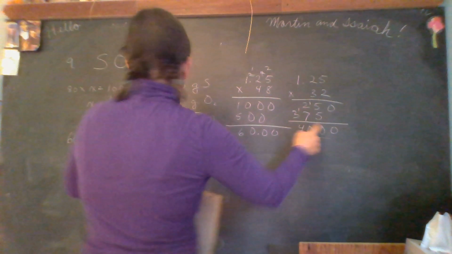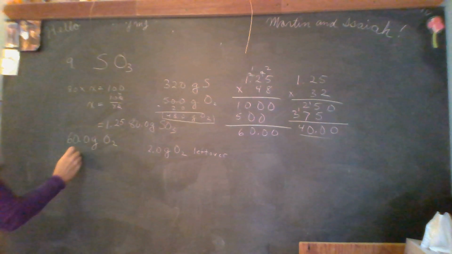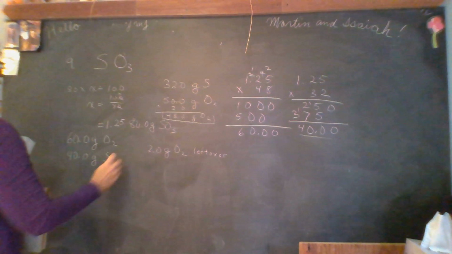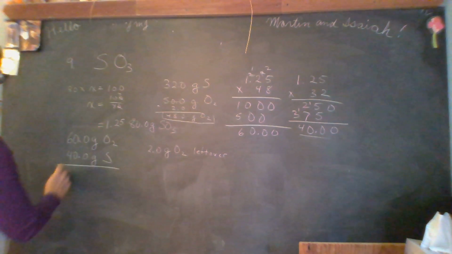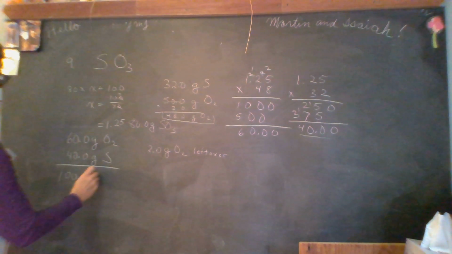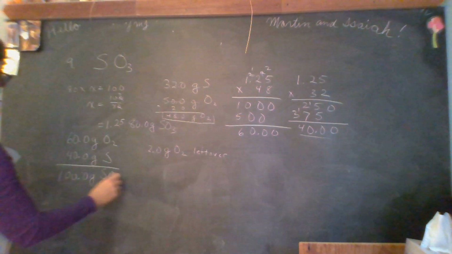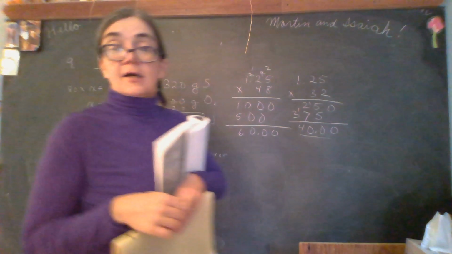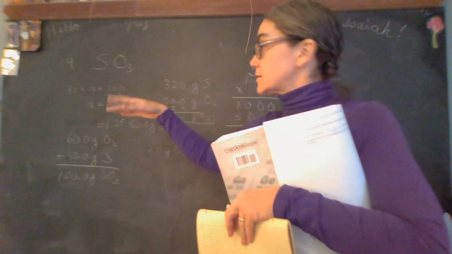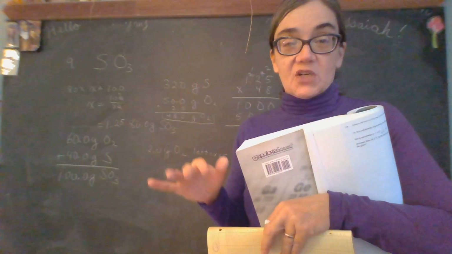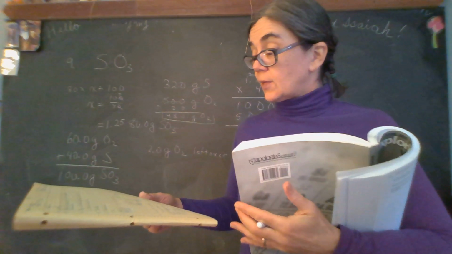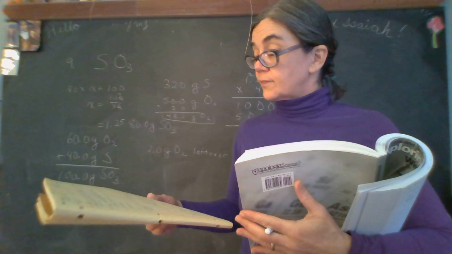So we want 3 here. So 40.0 grams of sulfur will make 100 grams of sulfur trioxide. You don't need to worry about the atomic numbers there. So I believe that answers our question.